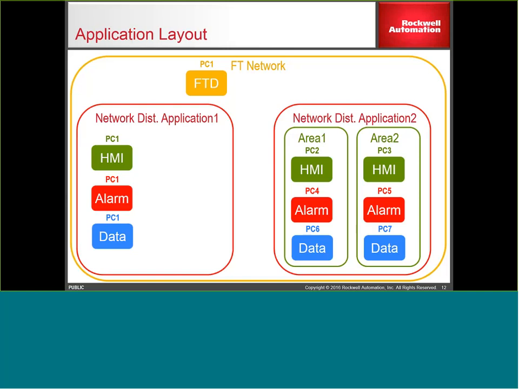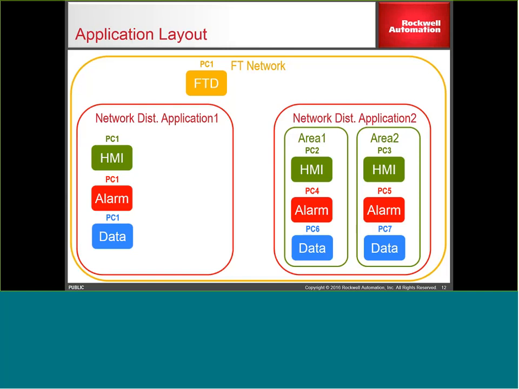On the left-hand side, still inside of our FactoryTalk network, I have our first network distributed application, right? And inside of that network distributed application, I have a single HMI server, a single alarm server, and a single data server, all hosted on one PC. This would be the example of our head chef, or where everything is on one box, right?